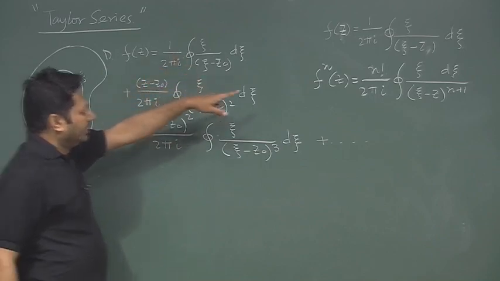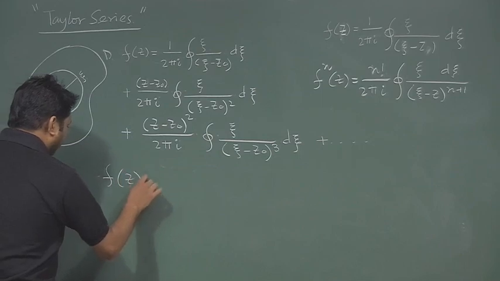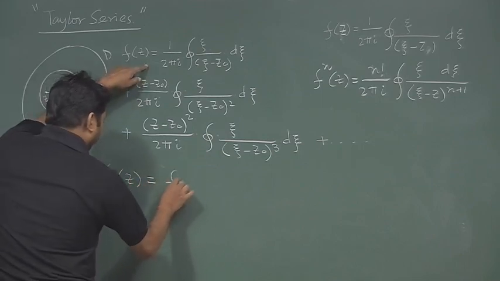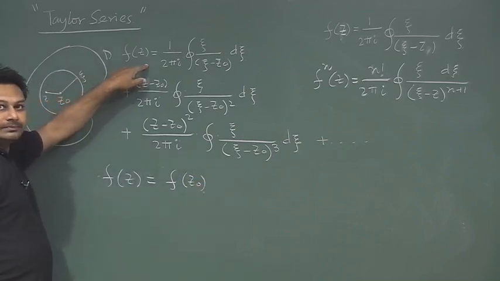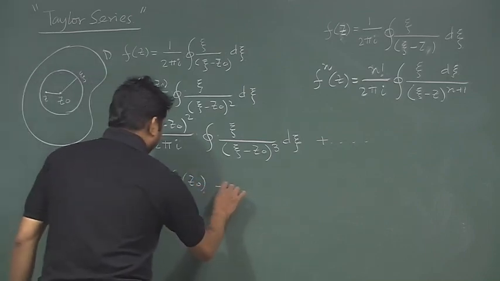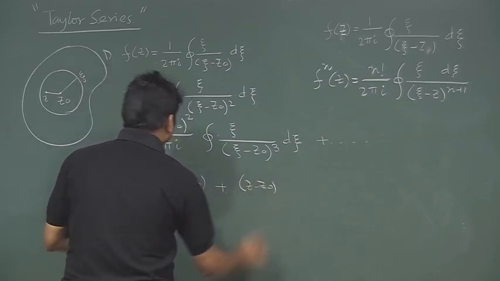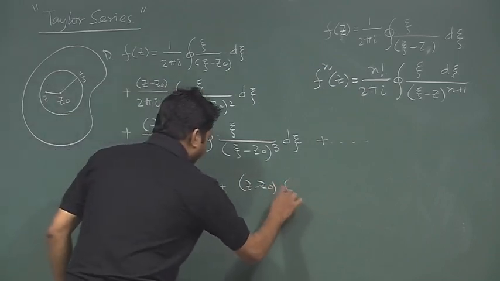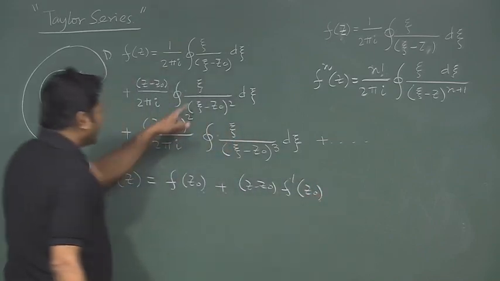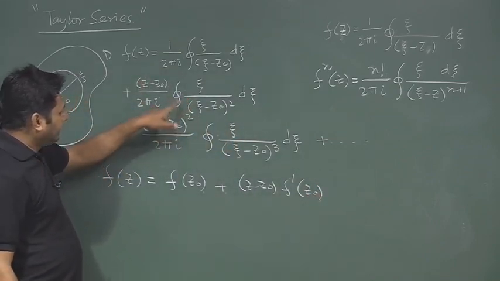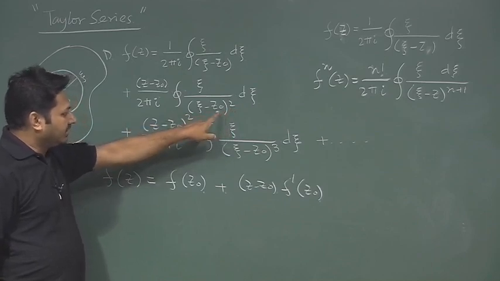This term, if I look here, it is nothing but f(z). The first term is nothing but f at z0. Second term is how much? z minus z0 multiplied by f prime at z0, because this quantity 1 by 2 pi i integration of f(xi) over (xi minus z0) square is nothing but f prime z0.